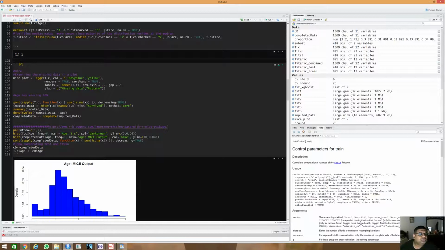I decided to conduct the mice algorithm based on the CART method, the classification and regression trees.